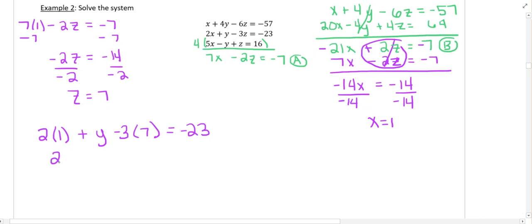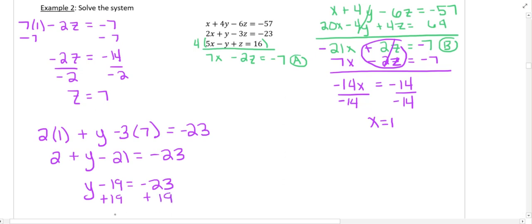So 2 plus y minus 21 equals negative 23. 2 minus 21 should give us a negative 19. And then if I add 19 to both sides, that is going to give me y equals negative 4. So I'm going to have x is 1, y is negative 4, and z is 7.